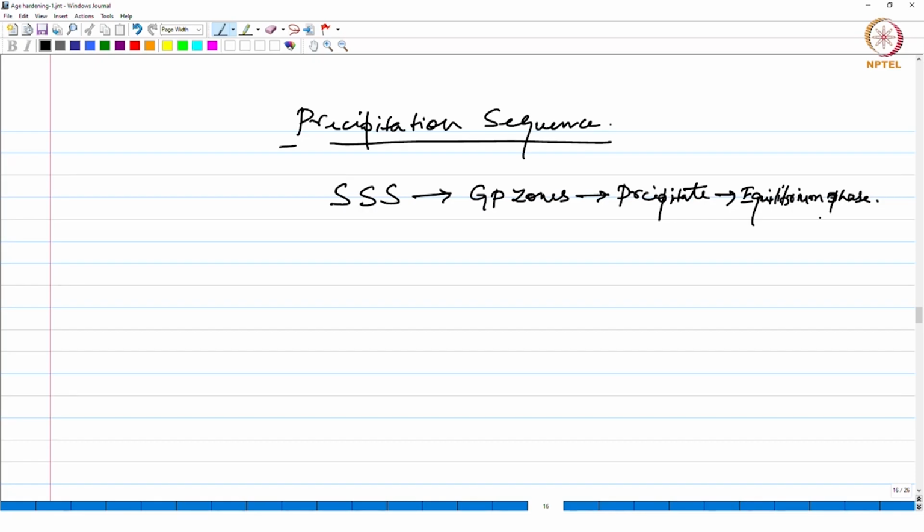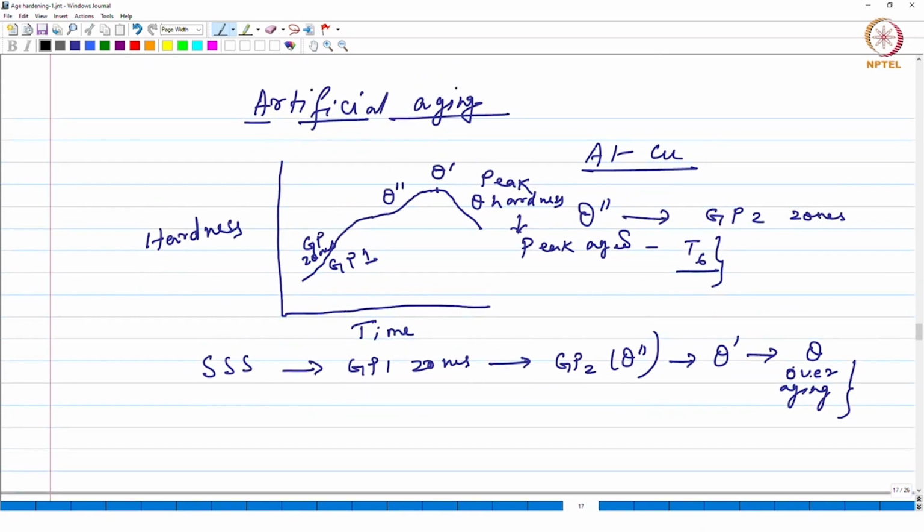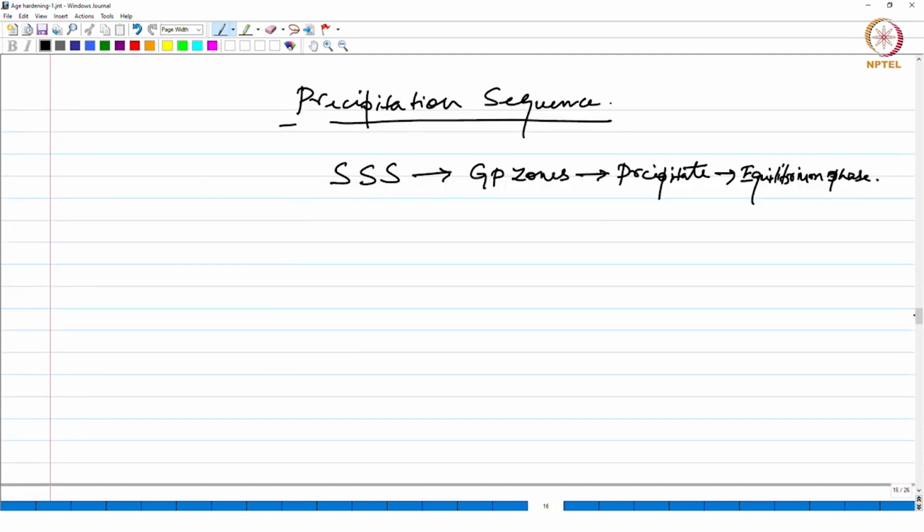First, we discussed the precipitation sequence in the 2000 series alloys, that is the aluminum copper alloys, and after that, the precipitation sequence in the 6000 series alloys.